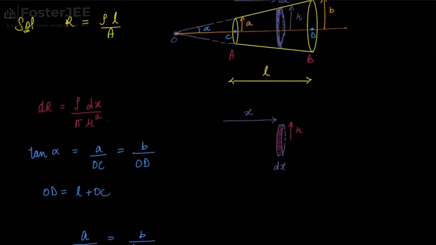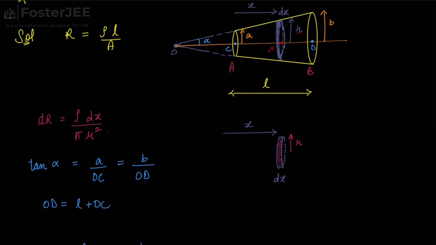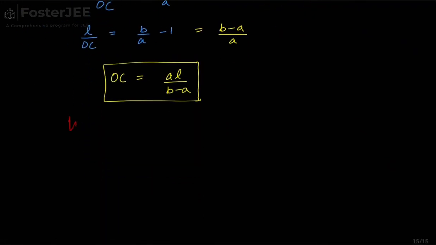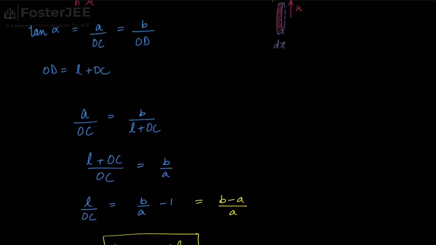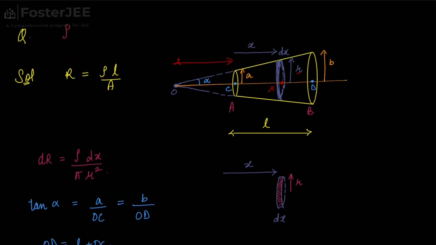Hence, in this triangle, the value of tan alpha will be R upon OX, if this point is X. So the value of tan alpha is R upon OX, and OX is simply OC, that is this distance, plus X, that is this distance.